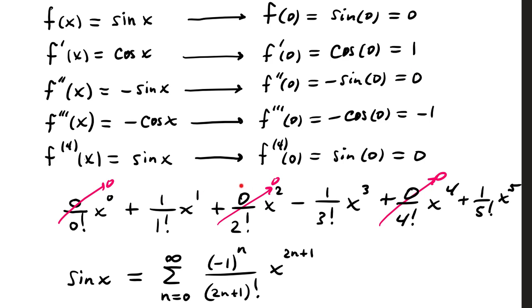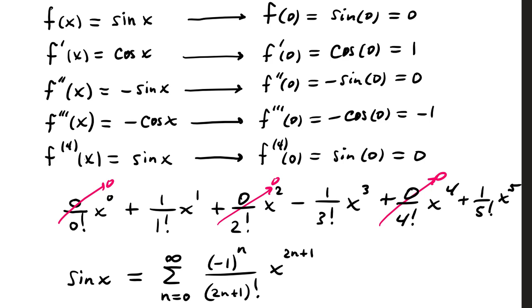Second derivative with 0 plugged in equals 0, over 2 factorial, x squared. Minus 1 over 3 factorial, x cubed. And then finally 0 over 4 factorial, x to the fourth. If we continued, we'd be back to a positive 1 over 5 factorial, x to the fifth.